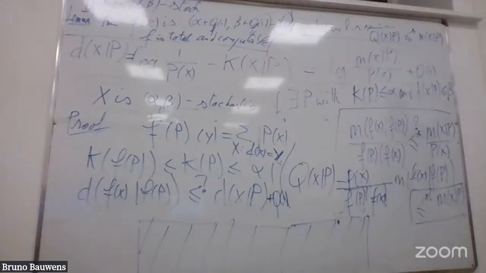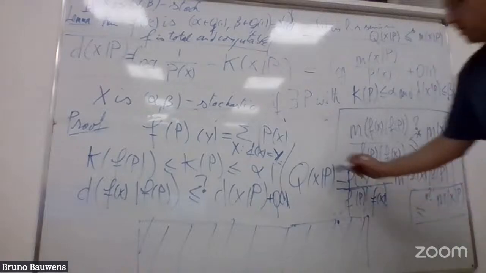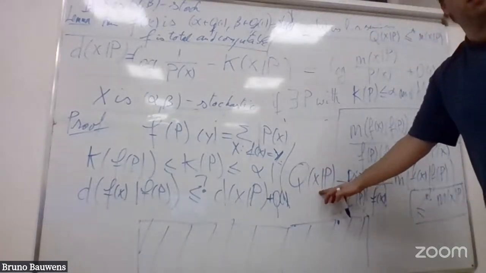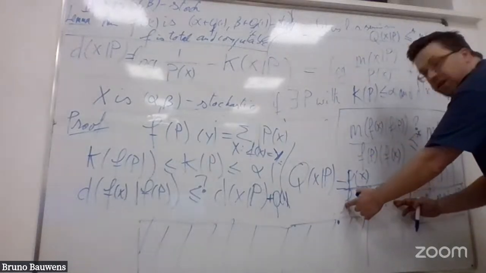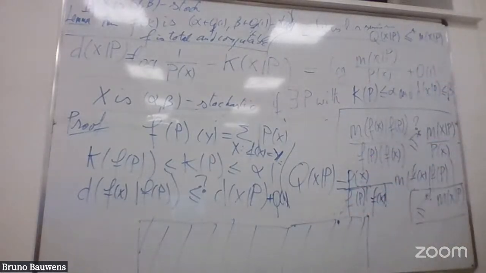Okay, so let's now check that Q is a semi-measure. For this, we have to check that for every p, when we sum over all the x's, we have something bounded by 1. And this was this beautiful property when we inserted it. This was okay, I think.